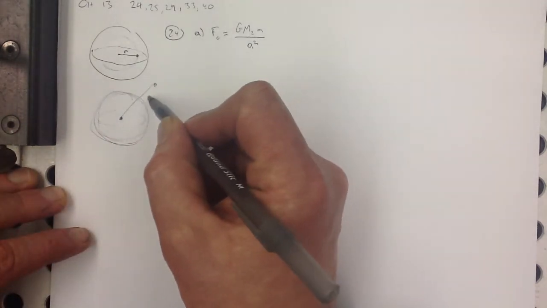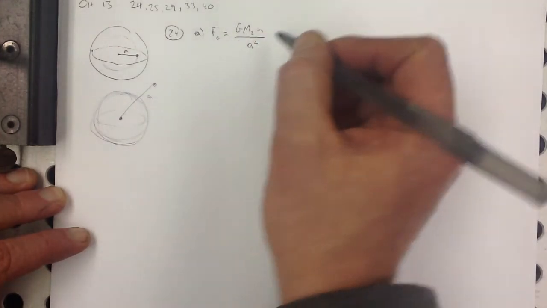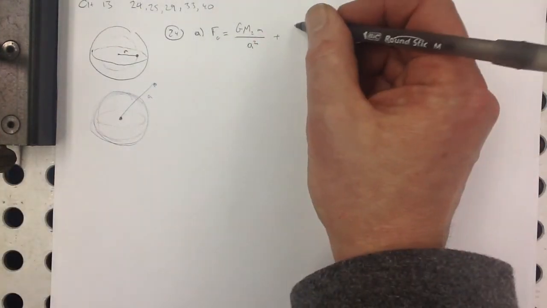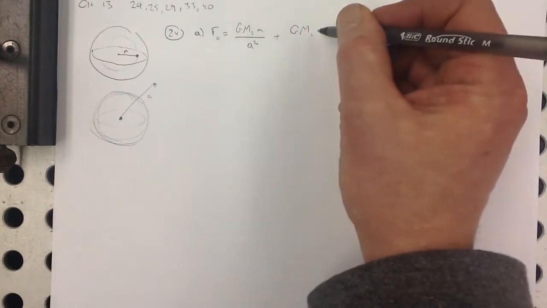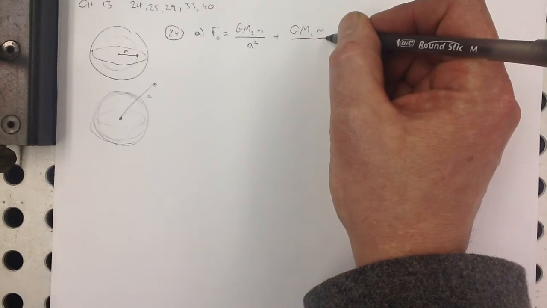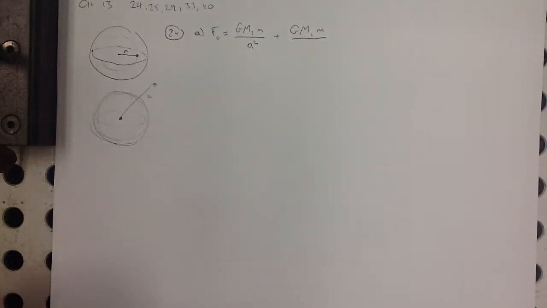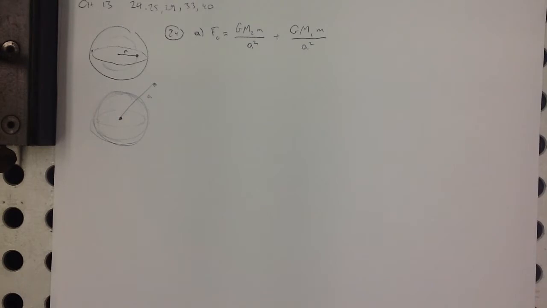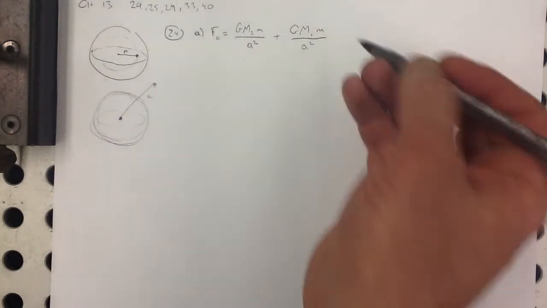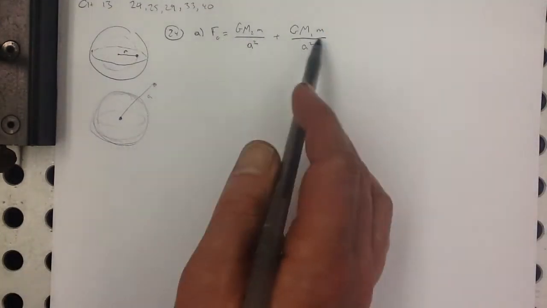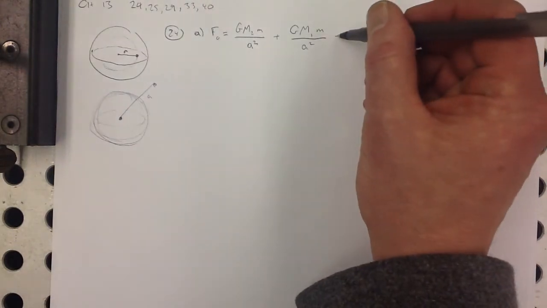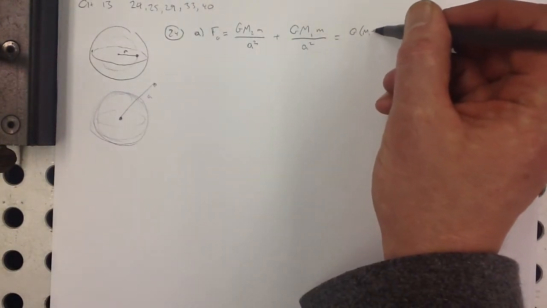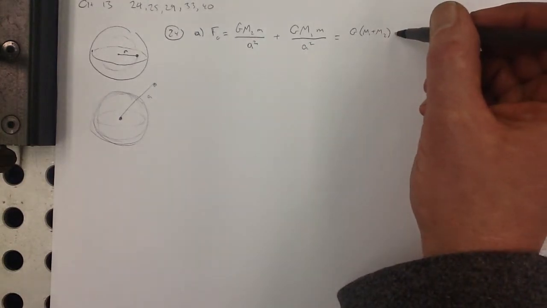So for this first one, A, that's my outer shell, plus the inner shell, I have G m1 m over the distance, which is also a squared. Right? So you could combine those terms if you want, or just leave it like that. They have a common denominator, and you could factor some stuff out. Maybe it's helpful to see that it's in fact just this.